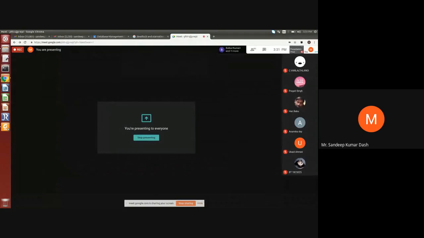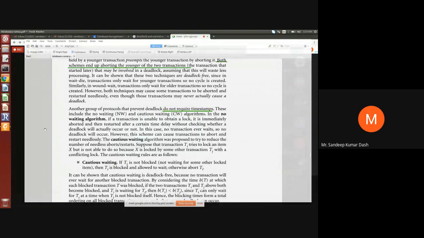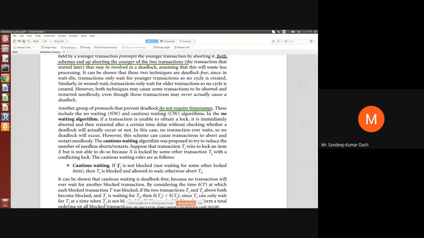That means it checks that if Tj is not blocked, then Ti is allowed to wait. Otherwise, it will be aborted. That means if Tj is also blocked and Ti is again requesting, there will be a sequence of blocks. So more deadlocks will occur.